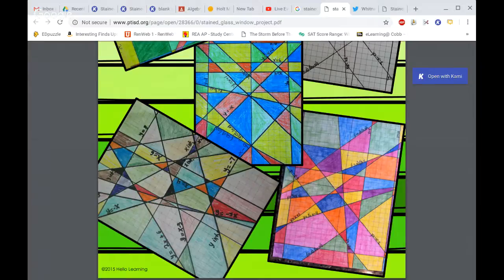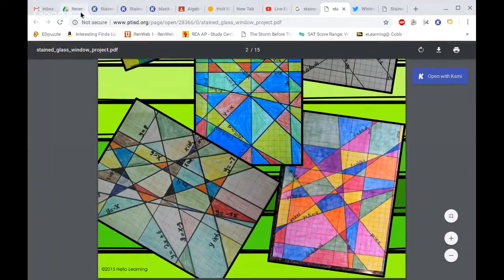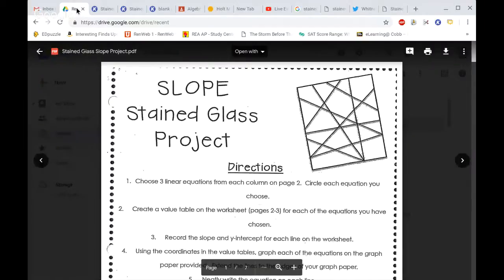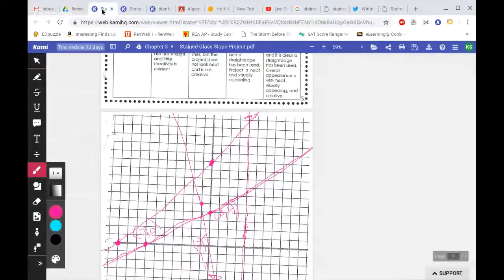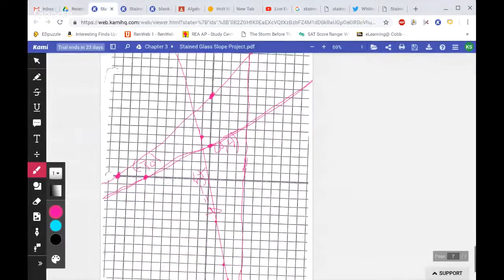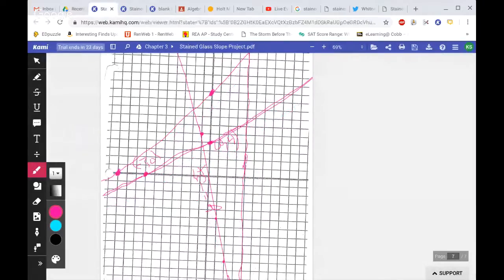My other one that I did was negative 7 and 0, and 0 and 4. Would you mind repeating the points? I'm very sorry. No, it's negative 7 and 0, and 0 and 4.